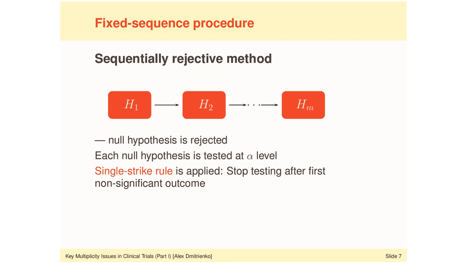For example, if the hypothesis H2 is not rejected, the remaining null hypotheses are automatically accepted, even though the associated p-values may be highly significant. That's what we call the single strike rule, compared to a 3-strike rule in baseball. A single strike and we are immediately out.